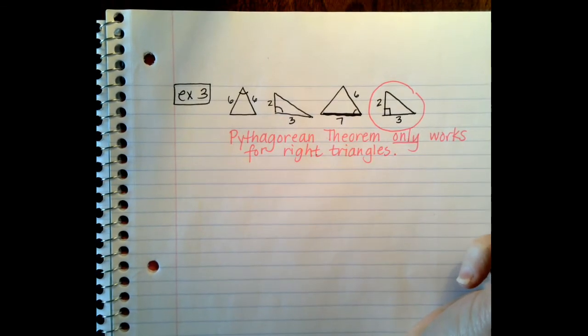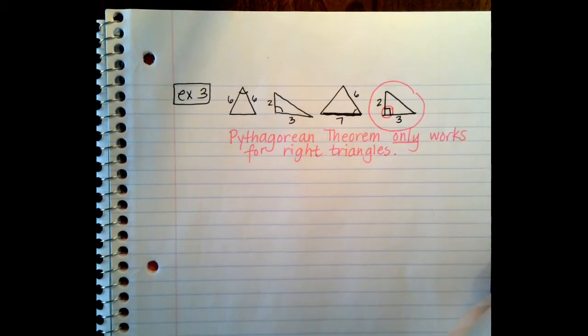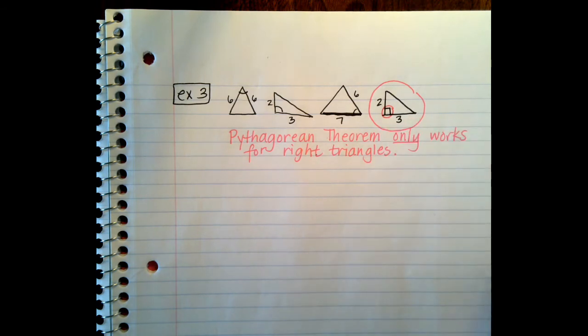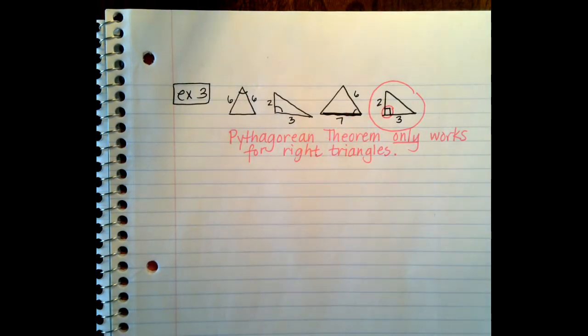How do I know that is a right triangle? I know it's a right triangle because it has this little notation in the corner. That box, that square, means that that is a 90-degree angle. So that is the only type. If you notice, these all had curved lines in the angle, showing that none of those are exactly 90 degrees. So the only one that's possible is the one that you see that has that square in the corner.